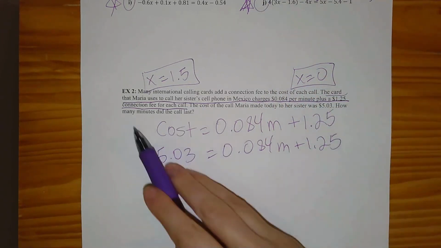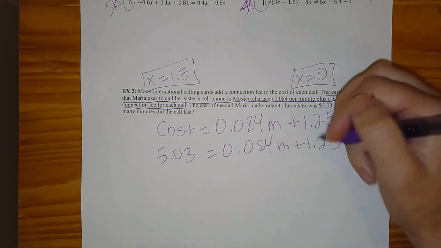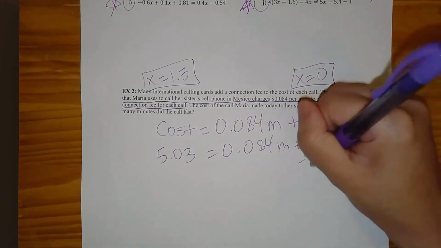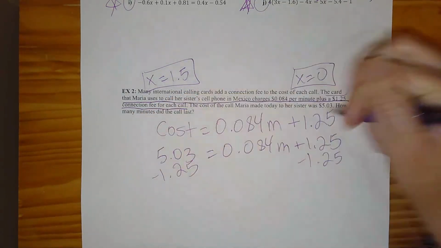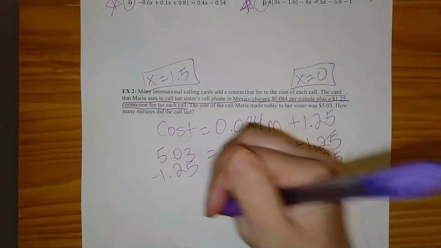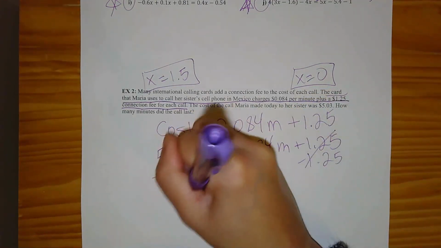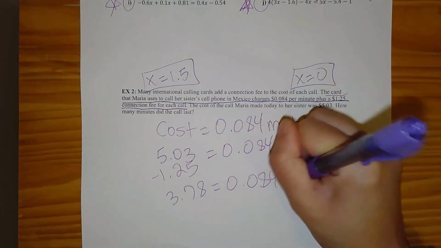So if I want to know how many minutes the call lasts, I just need to solve for m. To solve for m, I'll subtract 1.25 from each side. So 5.03 minus 1.25 would be 3.78 equal to 0.084m.